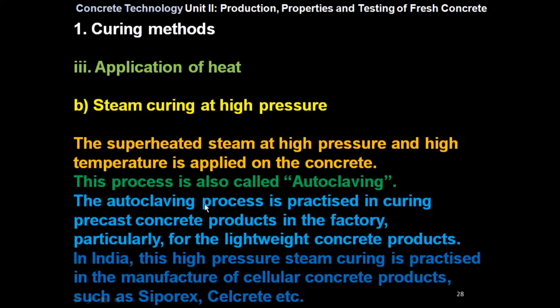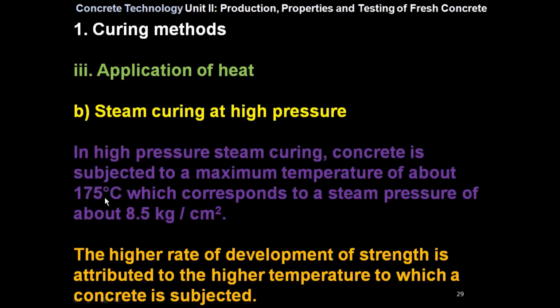The autoclaving process is practiced in curing precast concrete products in the factory, particularly for lightweight concrete products. In India, this high pressure steam curing is practiced in the manufacture of cellular concrete products such as Siporex, Silicrates, etc. In high pressure steam curing, concrete is subjected to a maximum temperature of about 175 degrees Celsius, which corresponds to a steam pressure of about 8.5 kg per square centimeter.